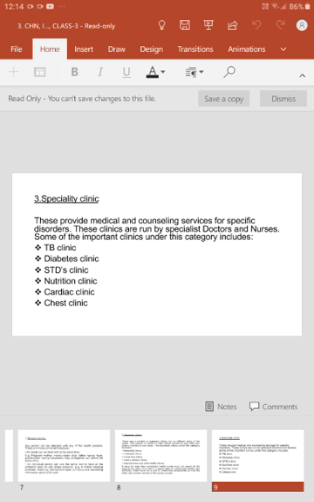Different specialty doctors will be there for the assessment and giving treatments, and the doctors as well as the nurses give services in that sector. These are some important clinics under the categories.